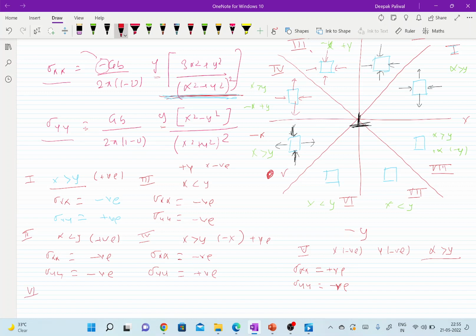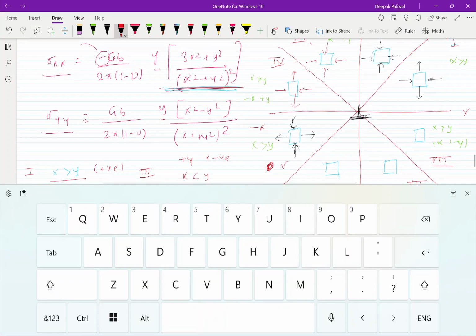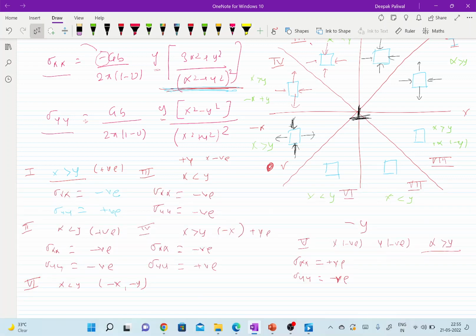For the sixth one, again x is less than y, and again negative x, negative y, so x less than y. Again see here, all the square units, this will be positive, and y is negative, and negative negative becomes positive, so sigma xx becomes positive.